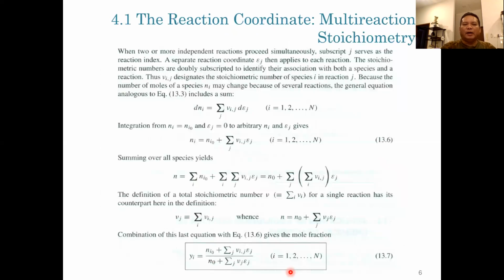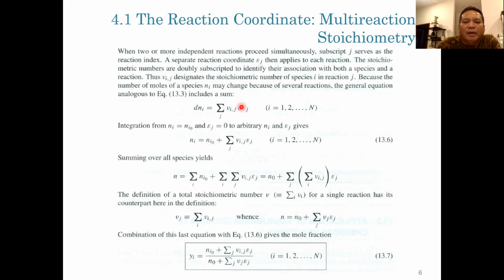Okay, right. So when two or more independent reactions proceed simultaneously, the subscript j serves as the reaction index. So if we have more than one reaction, we can denote it as j. The equation again, you can see here, is the summation over j of nu_ij d epsilon_j.